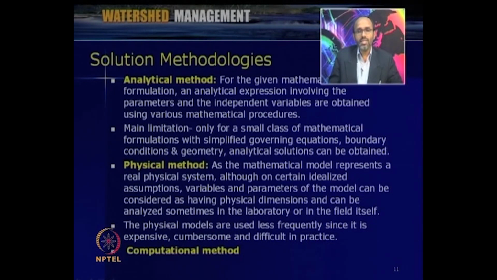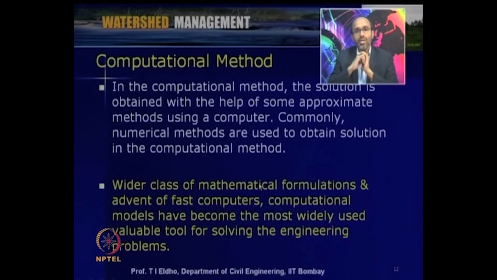Then our next methodology is computational modeling or computer modeling. That is what we generally use as far as the solutions of these kinds of equations in watershed modeling are concerned. In the computational method, the solution is obtained with the help of approximate methods such as numerical techniques using a computer.